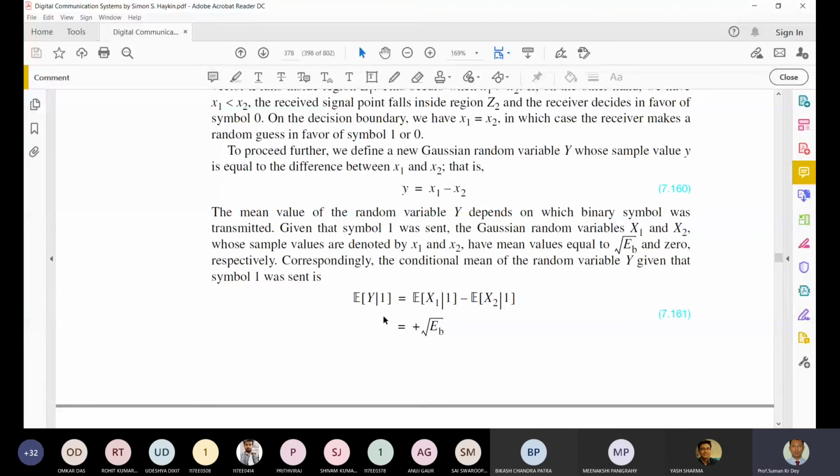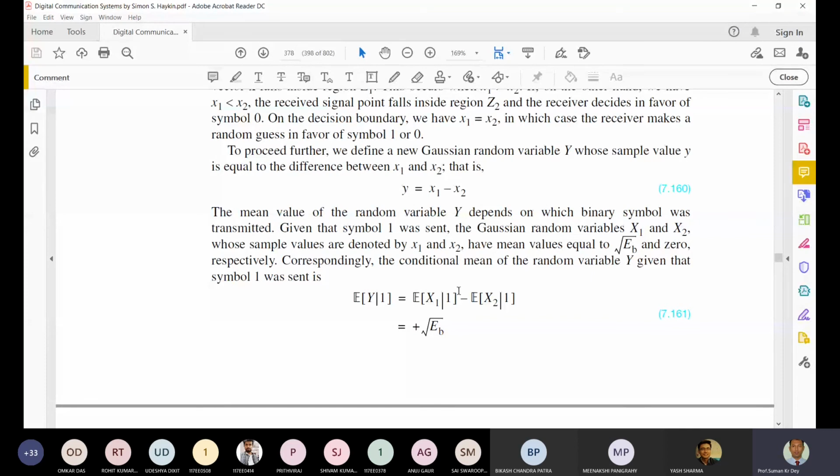We take the random variable Y conditioned on sending symbol 1. Normally we represent this as E[Y|1], which is E[x1|1] minus E[x2|1]. That is the expectation when we send symbol 1.